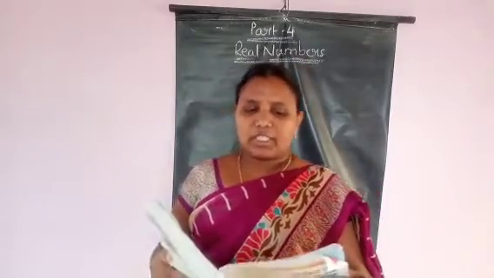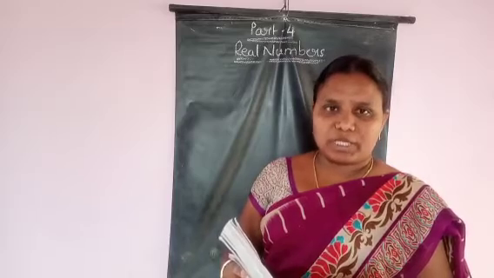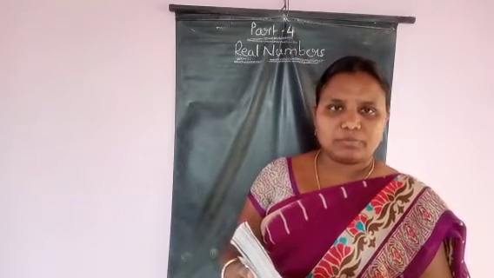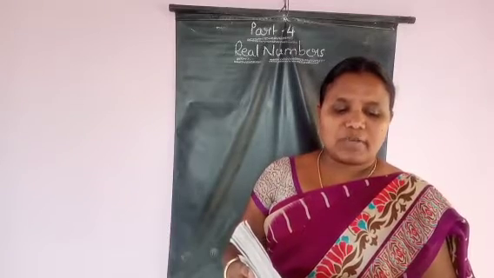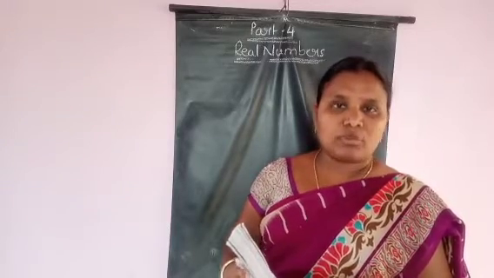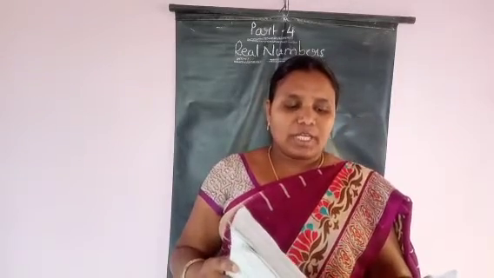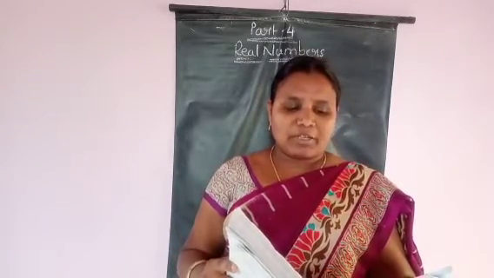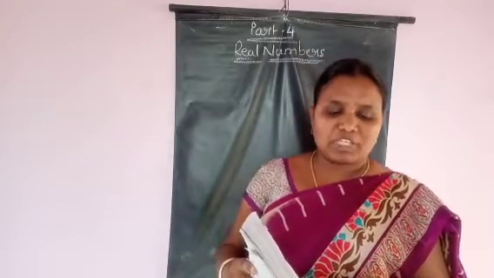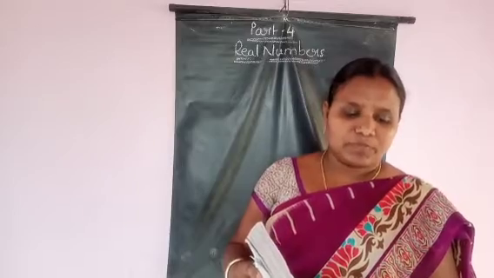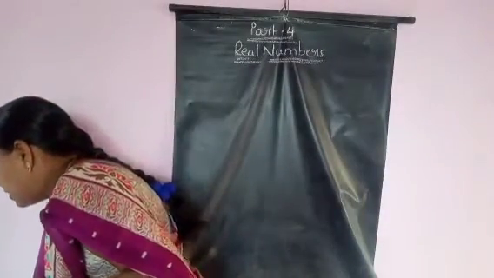Let x equal p by q be a rational number such that the prime factorization of q is of the form 2 to the power of n into 5 to the power of m, where m and n are non-negative integers. Then x has a decimal expansion which terminates.